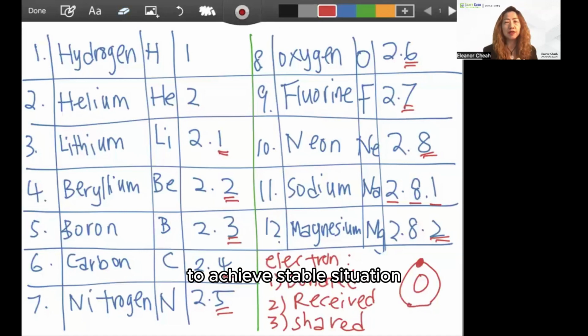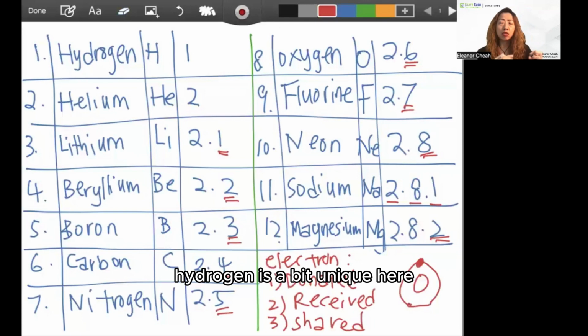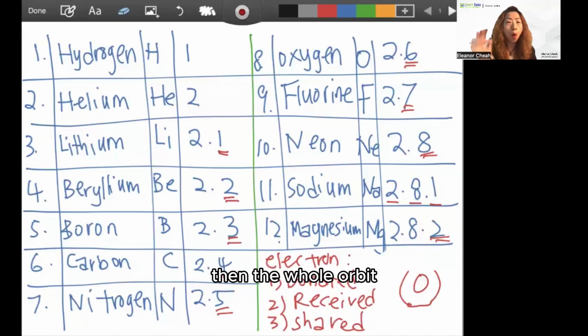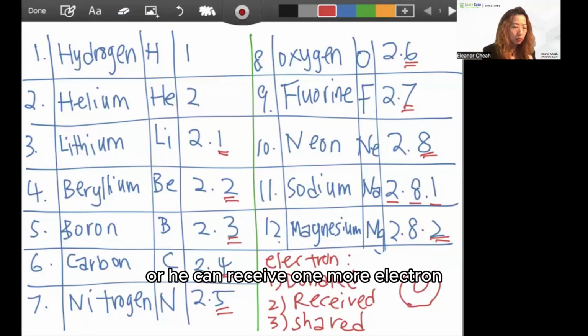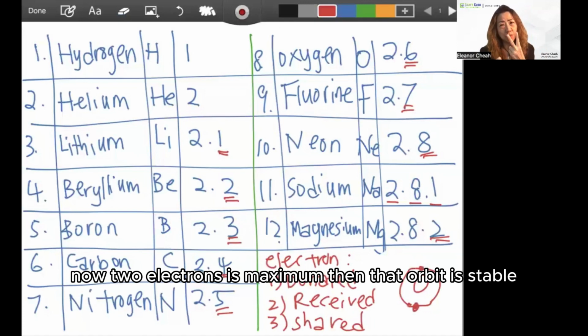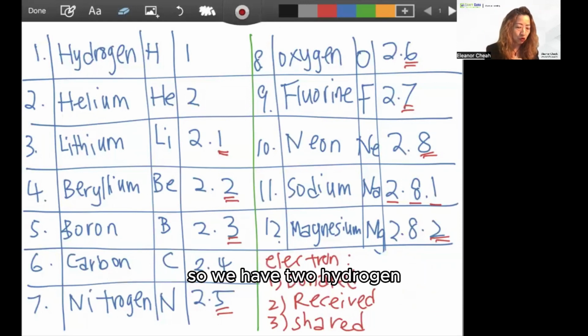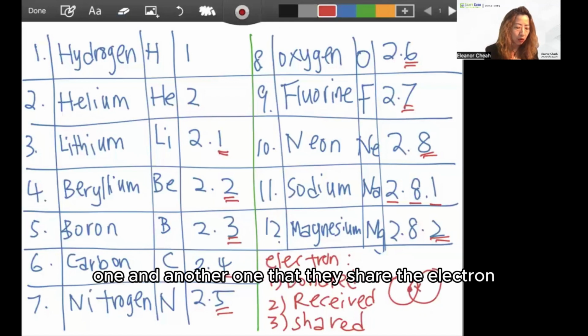To achieve a stable situation, hydrogen is a bit unique here. It can either donate this electron, then the whole orbit becomes 0 and is stable. Or it can receive 1 more electron. Now 2 electrons is the maximum, then that orbit is stable. Or it can also share with another hydrogen. So we have 2 hydrogens that share the electron.